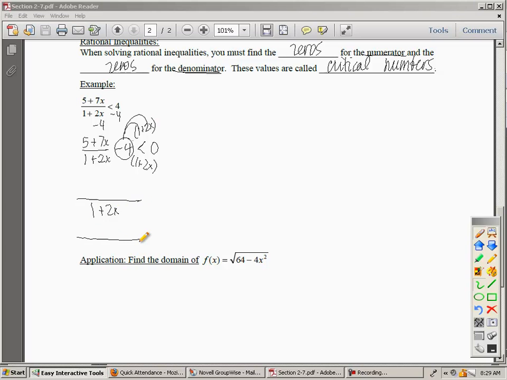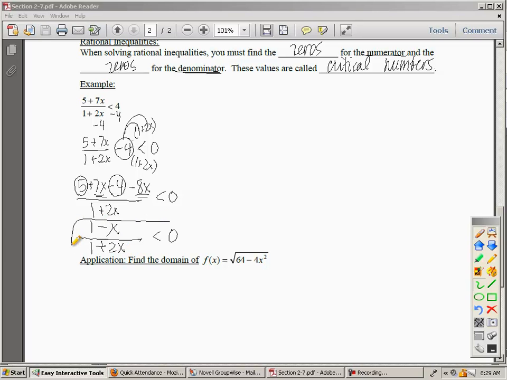So I have a 5 plus 7x. Negative 4 times 1 is negative 4. Negative 4 times 2x is negative 8x. And let's simplify this one more time. 5 and negative 4 is 1. 7x and negative 8x is minus x, over 1 plus 2x.